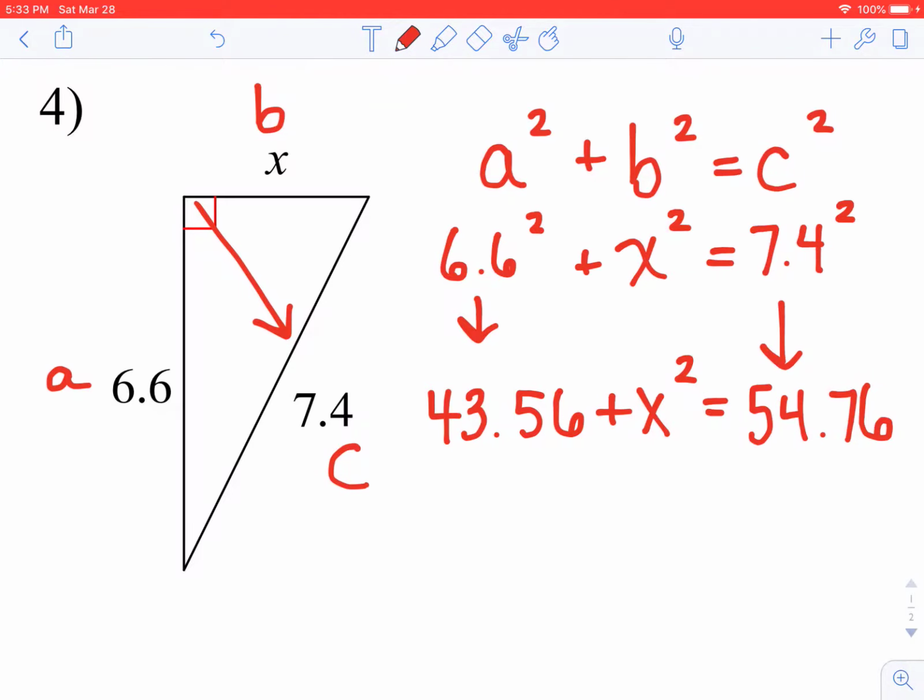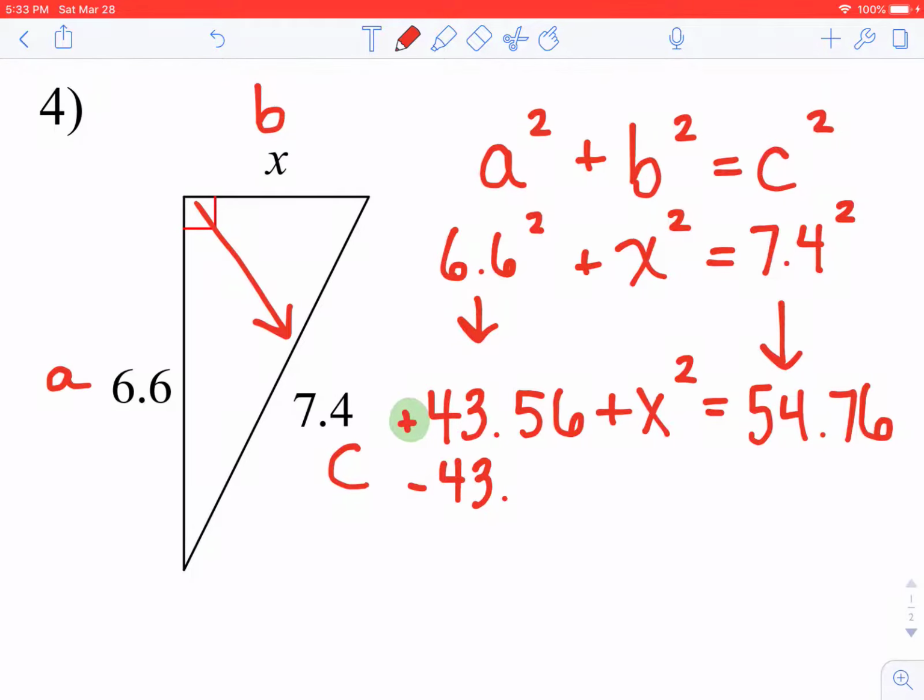To get rid of a 43.56, well, look to the left of that number, right here, where my highlighter is. Do you see a plus or minus sign in front of that number? If the answer is no, it's understood to be positive. To undo a positive number like this, you're going to subtract it.